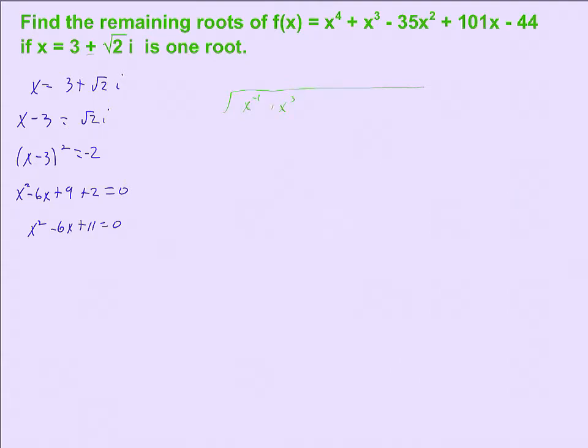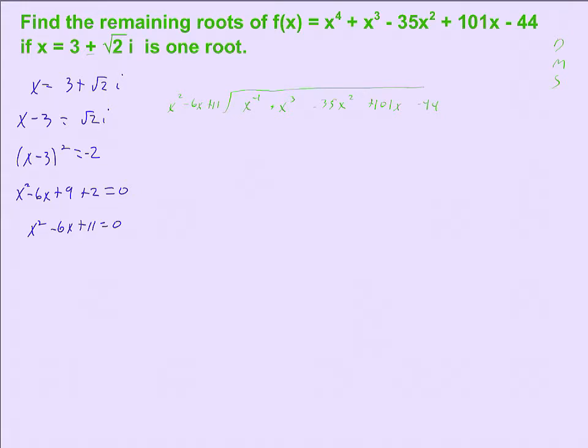But in this case, first of all, we'd have to do it twice. Second of all, we'd be doing it with that kind of horrible a plus bi complex number. We might prefer to do it with long division. And we can use the divide, multiply, subtract pattern that we saw in the last video.